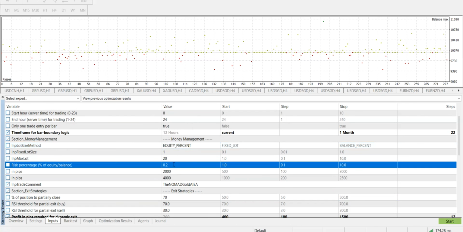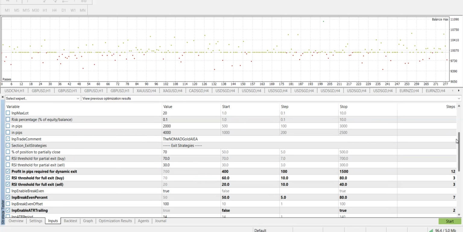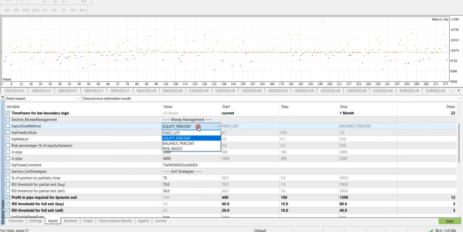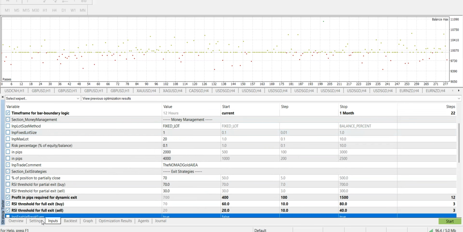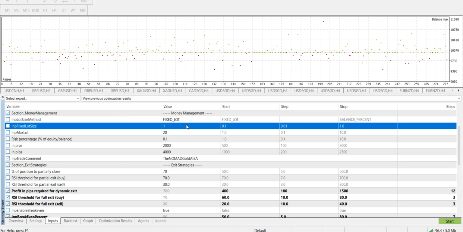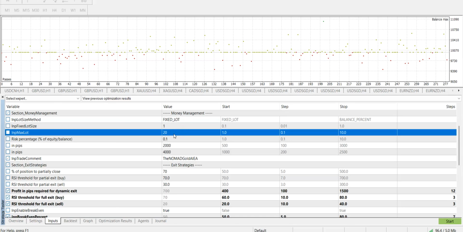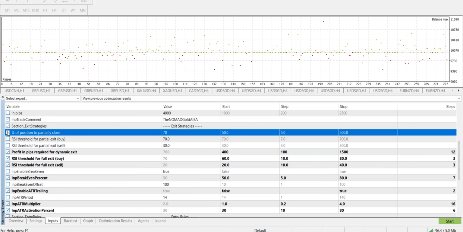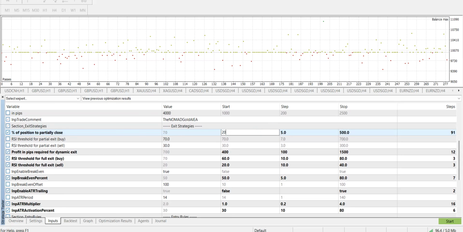Actually, I don't even want to do equity. I want a fixed lot size for 10,000. Okay, let's do it with one lot. Max lot, no, you don't need max lot, but we are going to set this to some optimization.